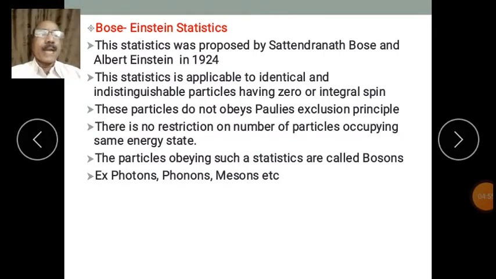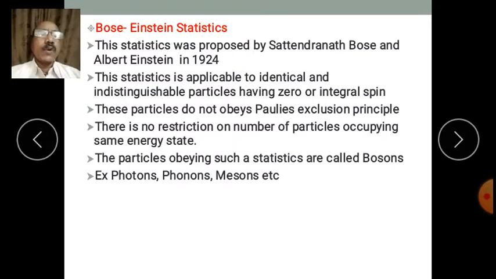Any number of particles can occupy the same energy state. The particles obeying this type of statistics are called bosons, named after Satyendranath Bose.